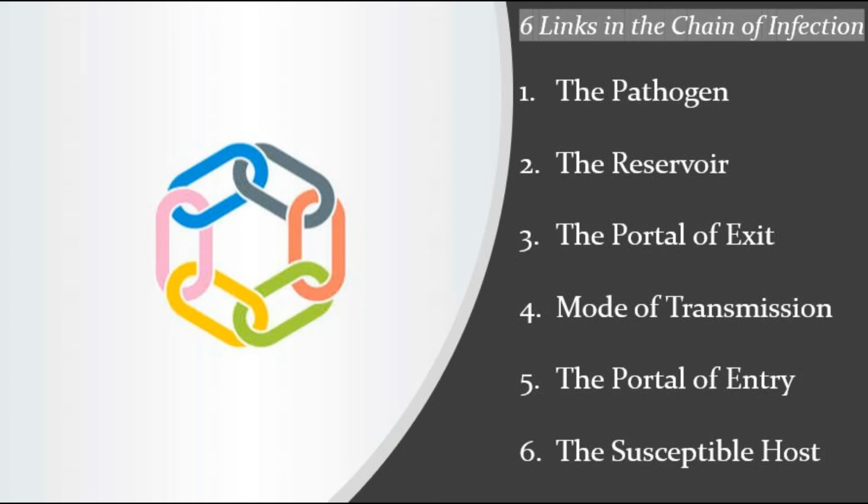Since a lot of the residents at communities have one or more of these risks, it's so important that staff follow standard precautions to protect not only the residents, but themselves. With these links, we really need to keep in mind that the chain of infection can be broken at any one of these links.